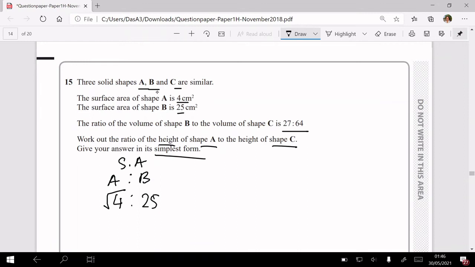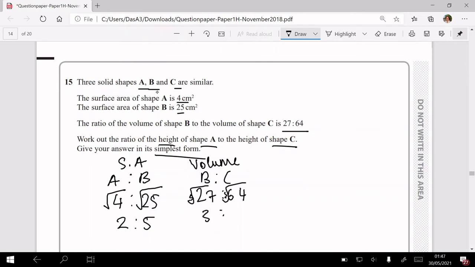So that would be 2 to 5. Now for volume, B to C, it is 27 to 64. So for volume, you will have to cube root it. So cube root, that is 3 to 4.